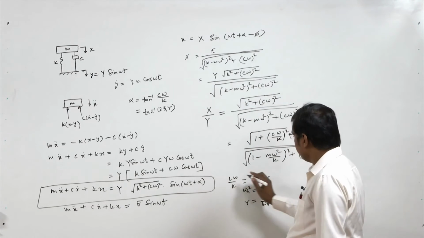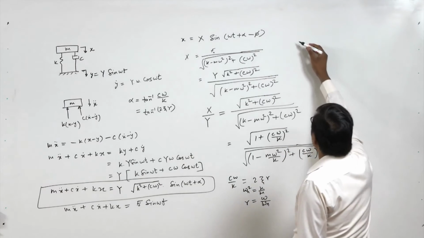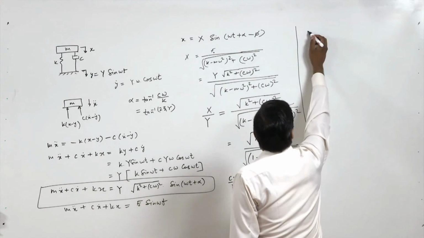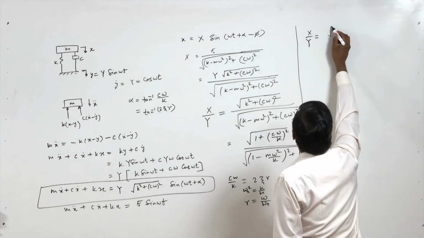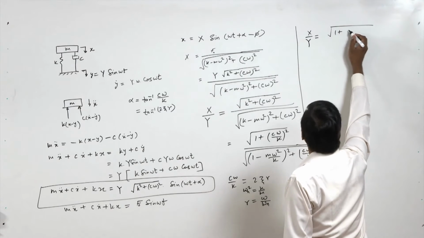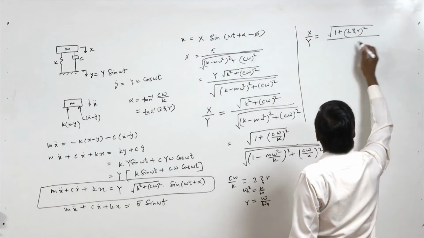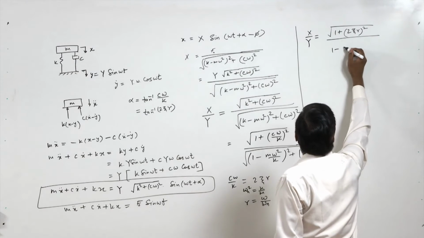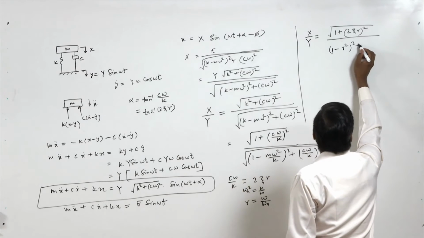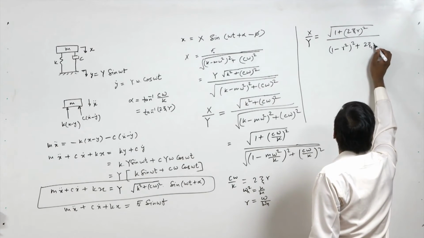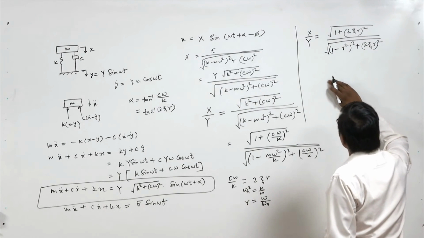So if we put these terms here, we will find x by y equal to root 1 plus 2 zeta r whole square upon 1 minus r square whole square plus 2 zeta r whole square under root.